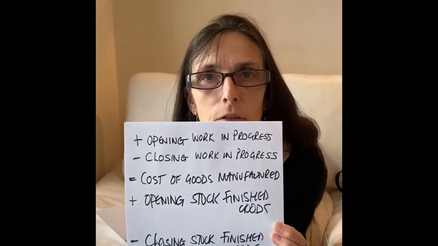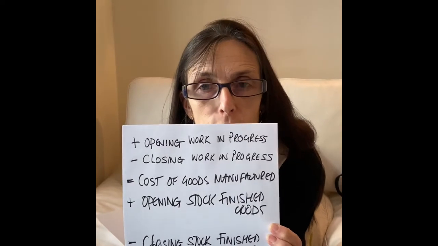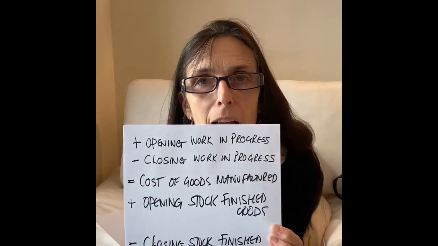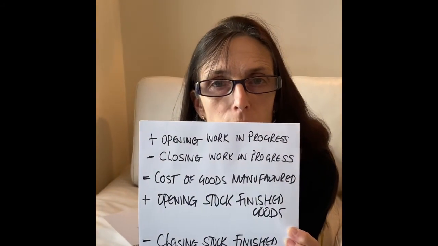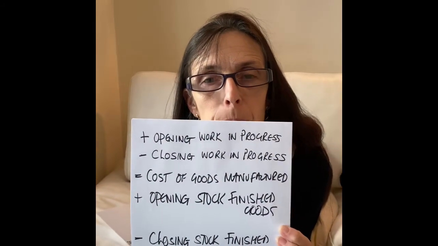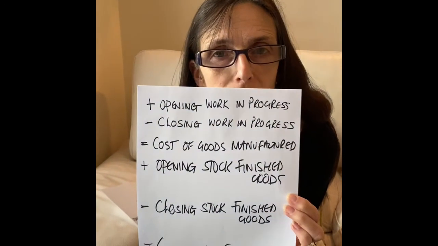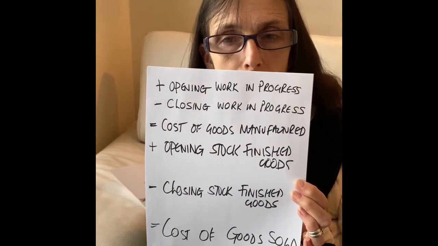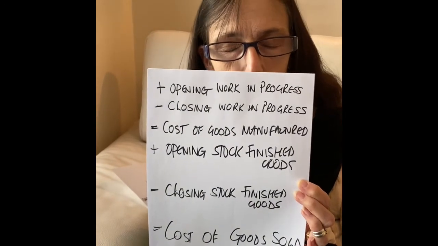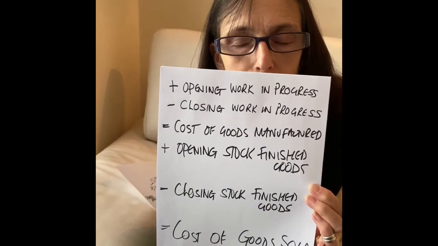We then take our final stock, which are the finished goods, and we add in our opening stock of finished goods. We take away our closing stock of finished goods, and this will then give us the cost of goods sold. This is what it actually costs me to make the sales.